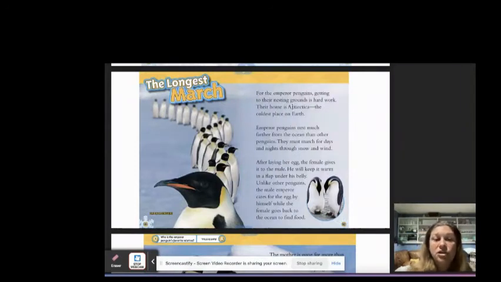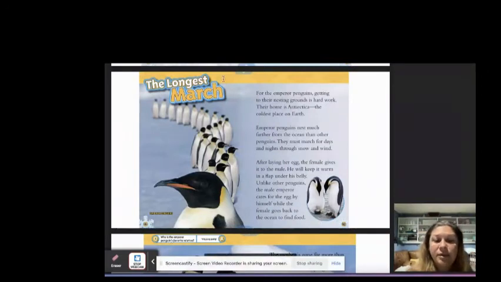So here is a photograph of penguins marching, and here's a photograph of a female emperor penguin giving the male penguin the egg to keep warm while she goes looking for food. So this close-up gives you a perfect visual of what the author is trying to portray when he says that the male takes care of the egg.